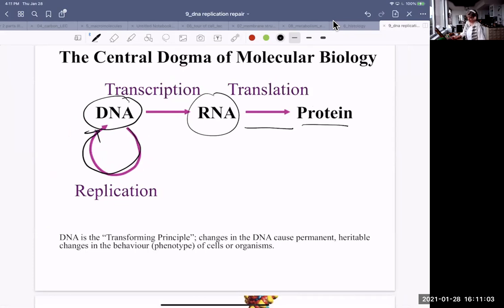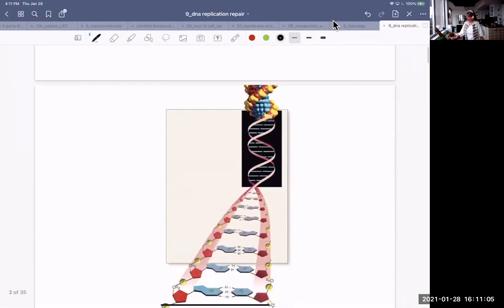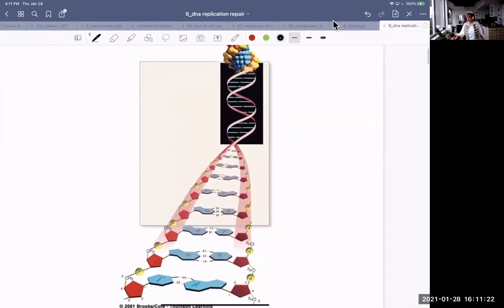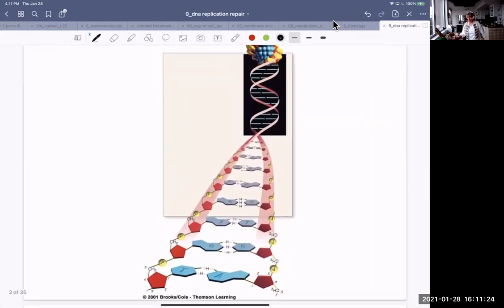That's the progression of reactions. They're all really just chemical reactions, of course, and they're triggered by various signals. So here's an unraveling DNA, a double helix, as you can see.